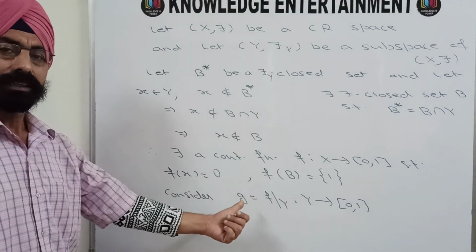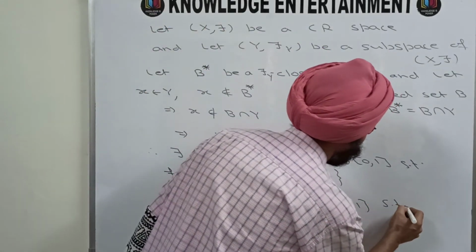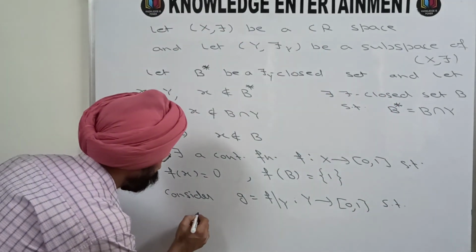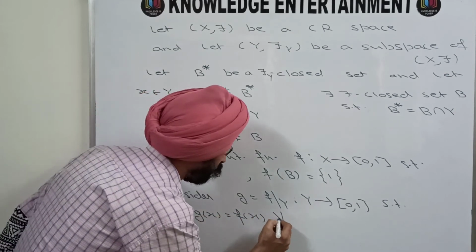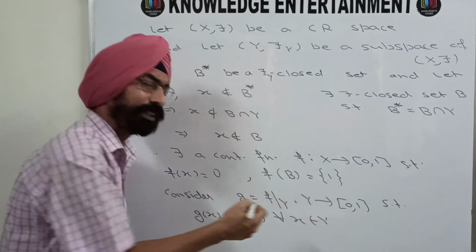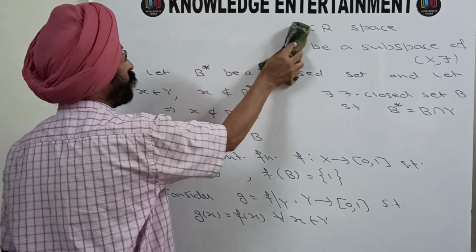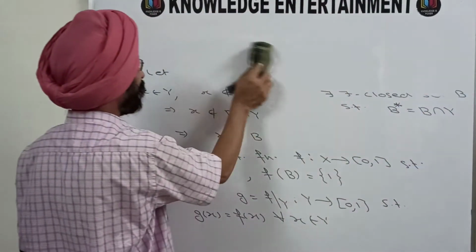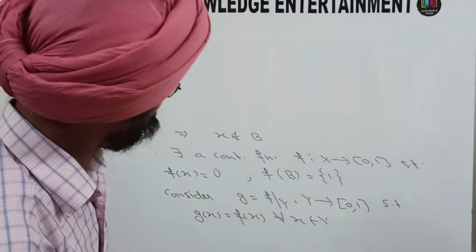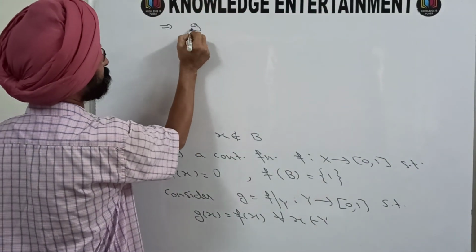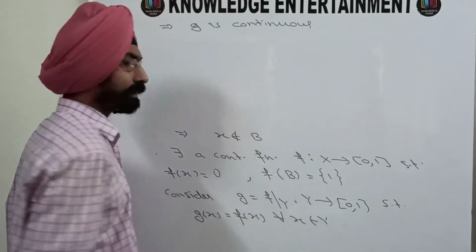Consider G equal to F restricted to Y, from Y to [0, 1]. Since it is a restricted map, G of x will be equal to F of x for every x belonging to Y. It is the definition of restriction map. Now one thing is clear: the restriction of a continuous map is continuous. So G is continuous because F is continuous.